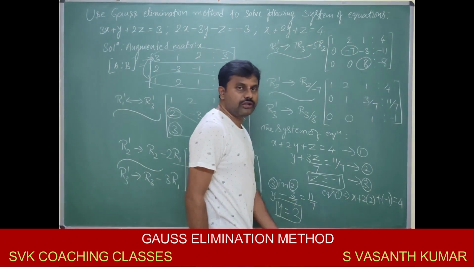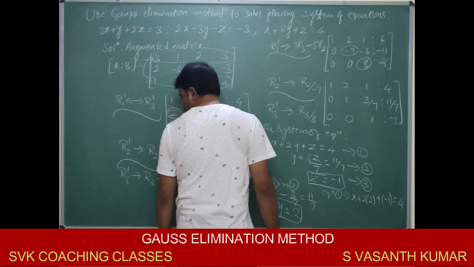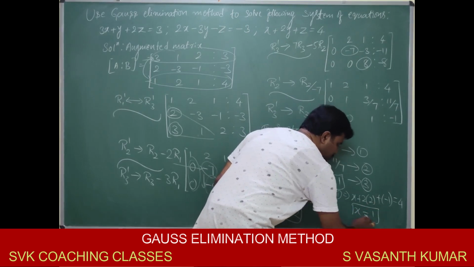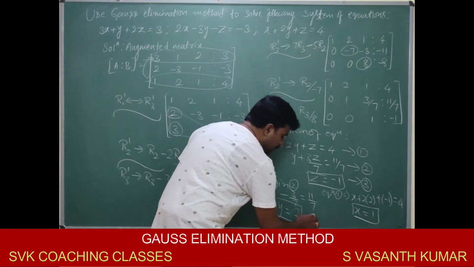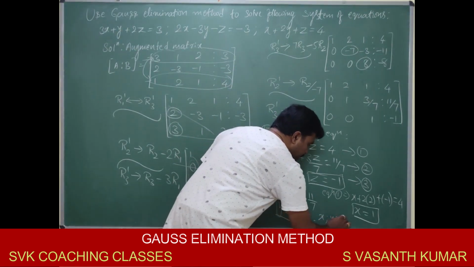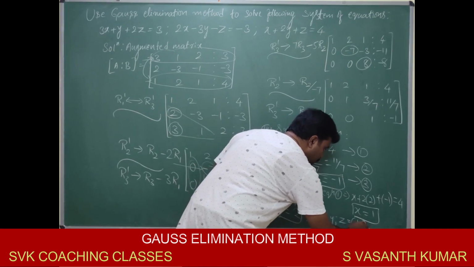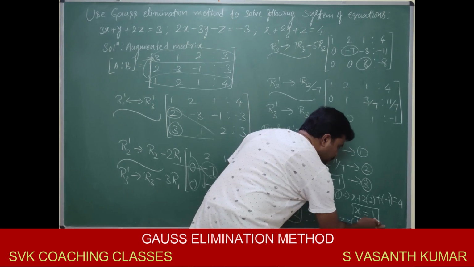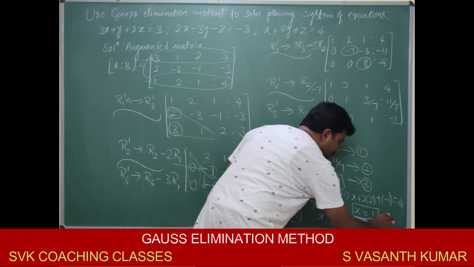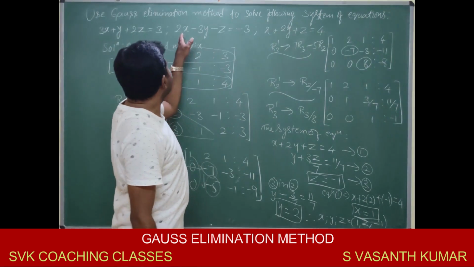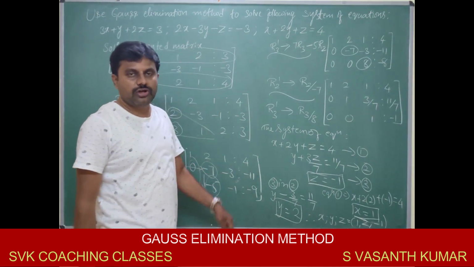Simplifying this, we get x equal to 1. So therefore the solution x, y, z is 1, 2 and minus 1. This is the required solution by using the Gauss Elimination Method.